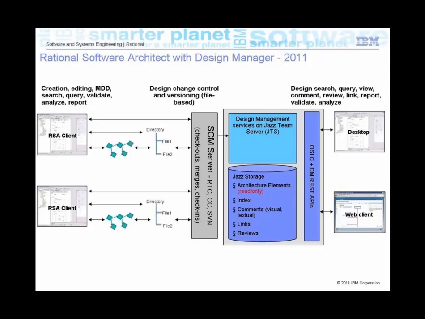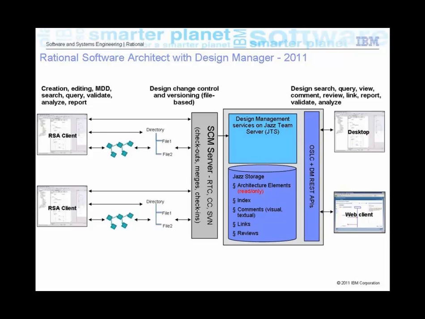So the second one is really around how the RSA client interacts with the Design Manager server. In the first release of Design Manager, we still required you to store your models in a configuration management tool, whether that was RTC or ClearCase or Subversion or whatever you chose to use.